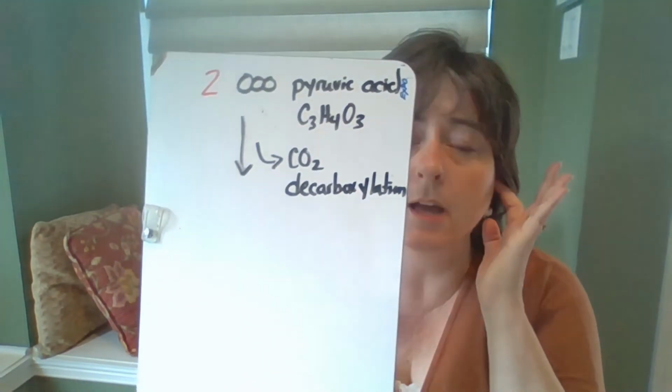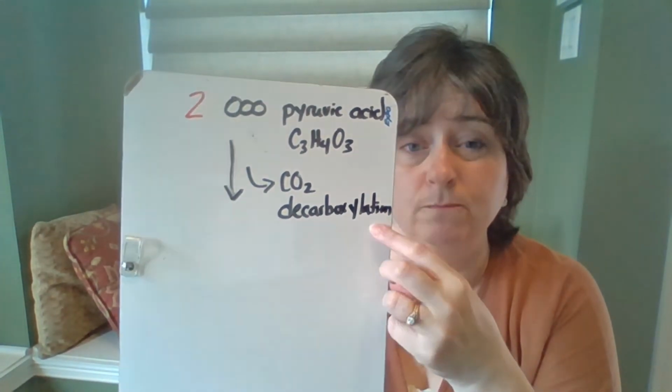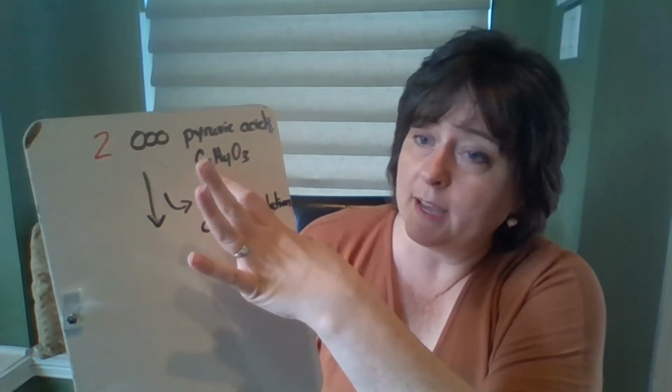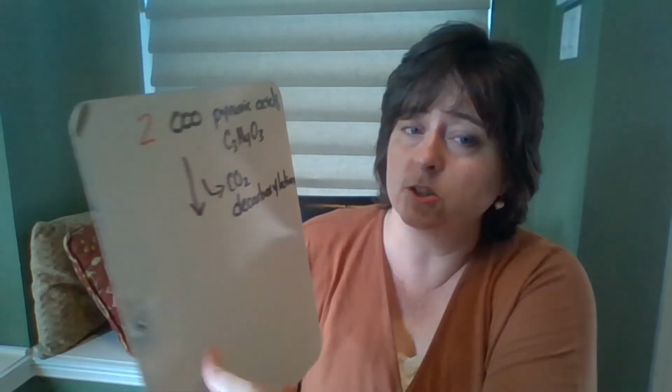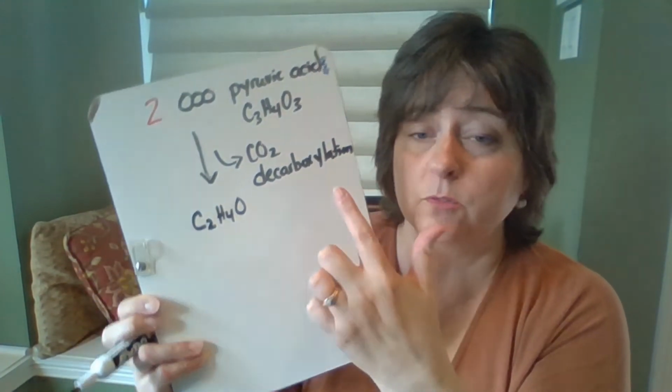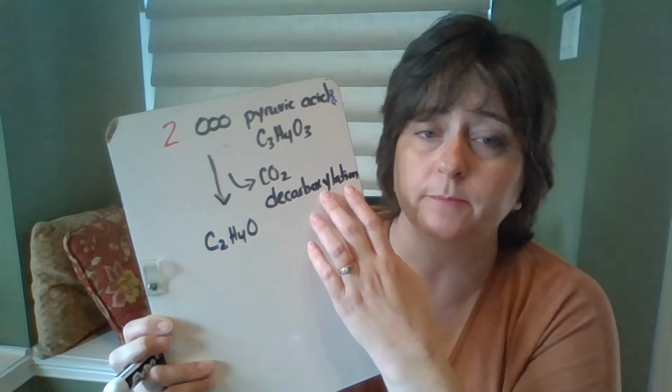So first thing that happens is we remove CO2. So I started with C3H4O3. I'm going to remove a carbon and 2 oxygens. I end up with an intermediate that is C2H4O from that. You can see how this is being removed.